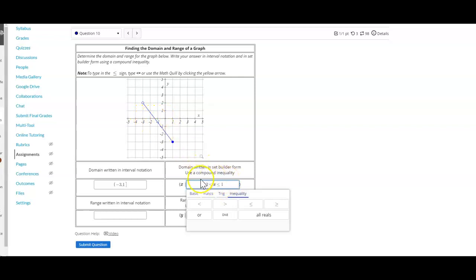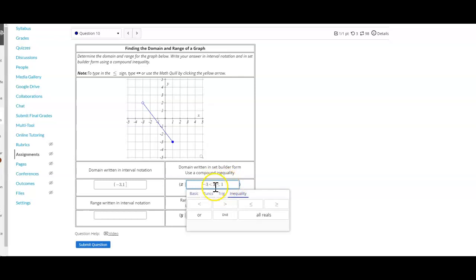A better way to read something like this is x is between -3 and 1, including 1. More often than not, the inequality signs go in that less than direction when you're writing them like that, rather than the other way. The other way tends to be a little bit strange.